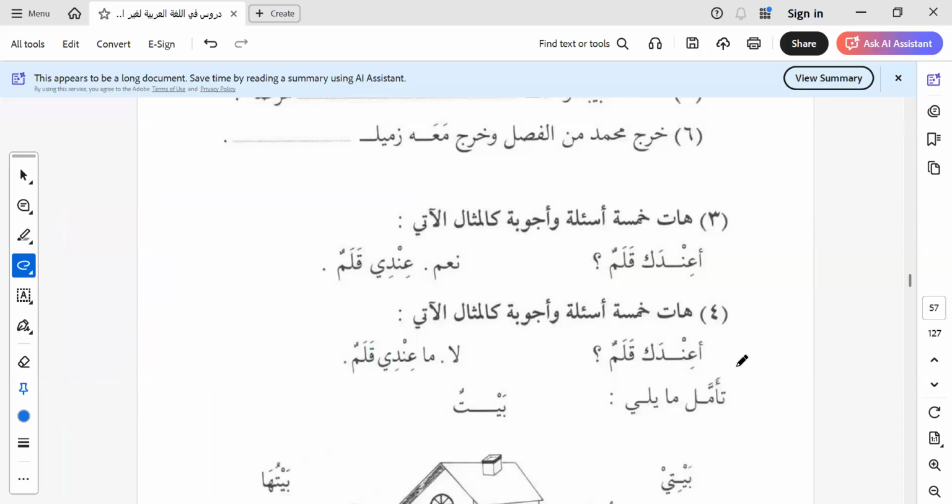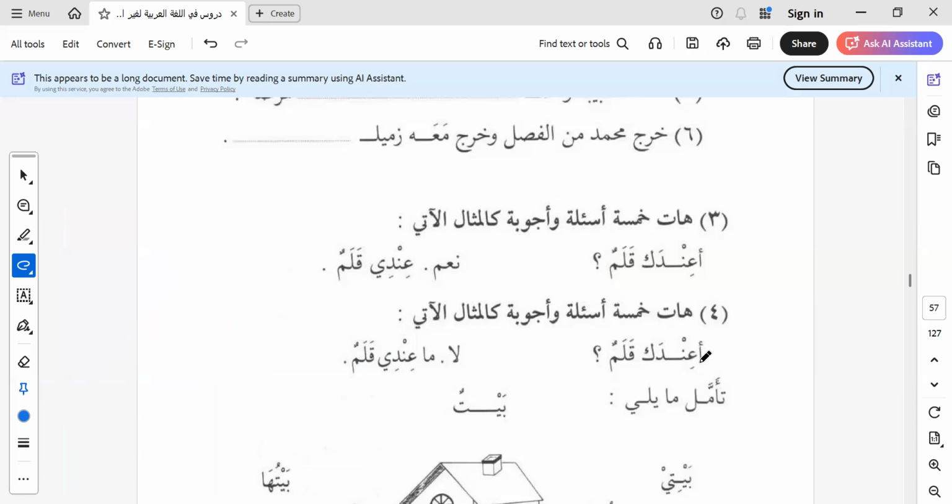So indaka means do you have with you? And when you have something, it means it is yours. That thing is under your care, under your watch. So do you have a pen? That's why we translate it to mean have, because it's more than with. It's more than when something is just with you. So do we understand that? Indaka qalam, do you have a pen?